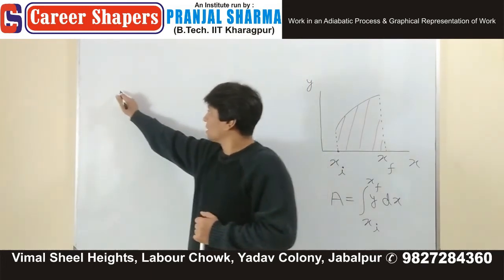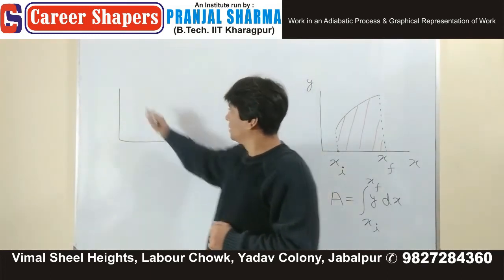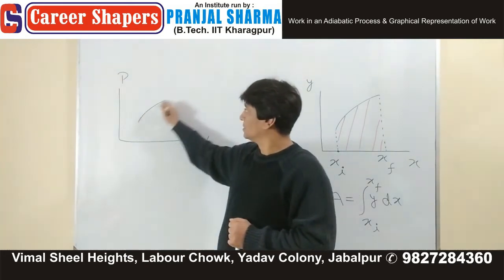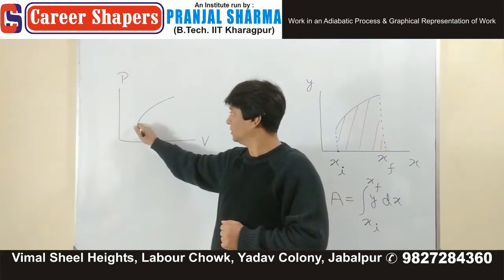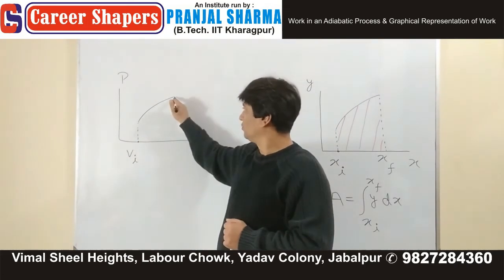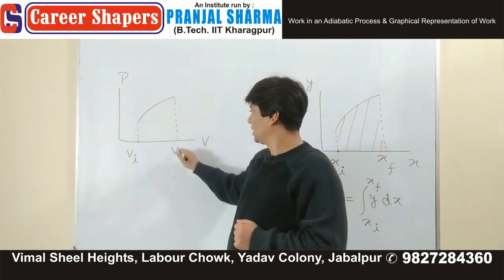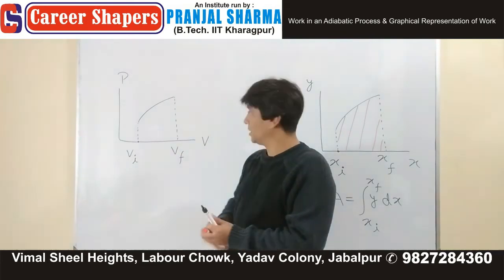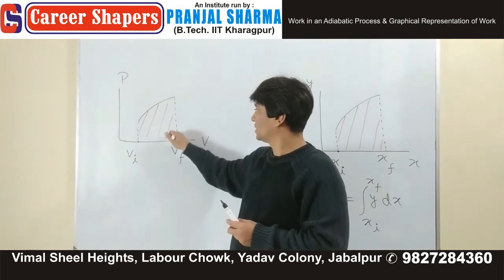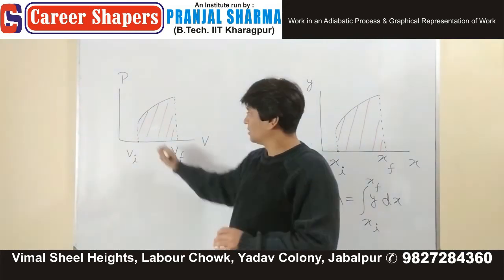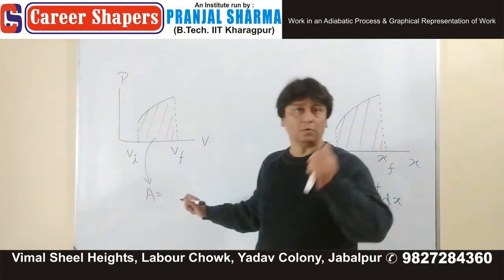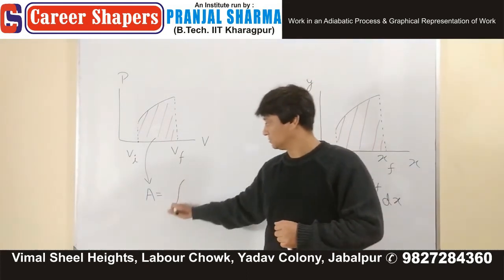Now, if we have been given a graph between pressure and volume, this is the shape. From V initial to V final, if we can find this entire area A, then it will look like this.